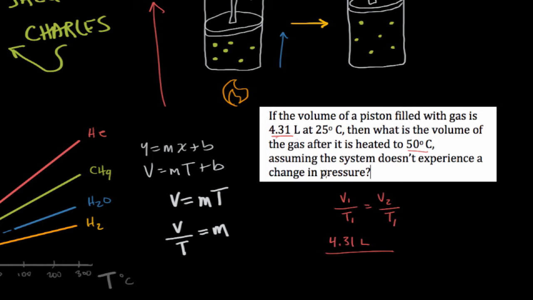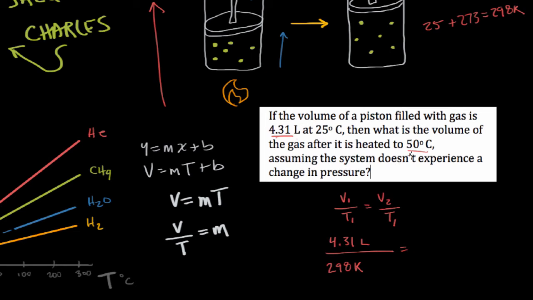But when we're using the ideal gas law, we really need to be operating in Kelvin because Kelvin allows us to not use negative values for temperature. So let's convert 25 degrees Celsius to Kelvin. All we would do is take 25 and add 273, which would give us 298 Kelvin. So our initial temperature is 298 Kelvin.